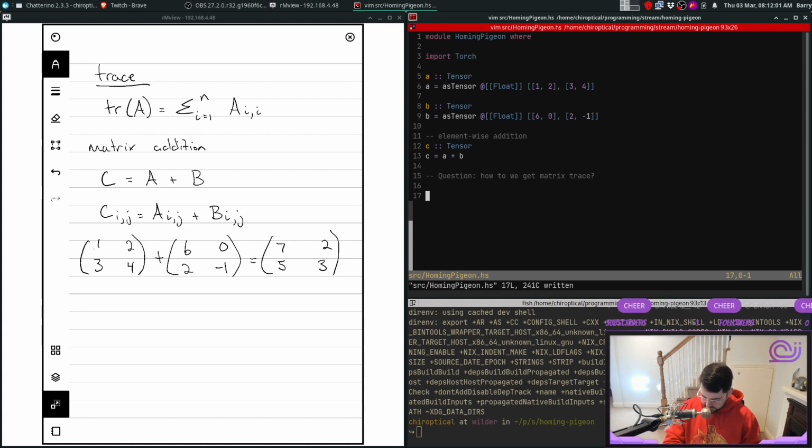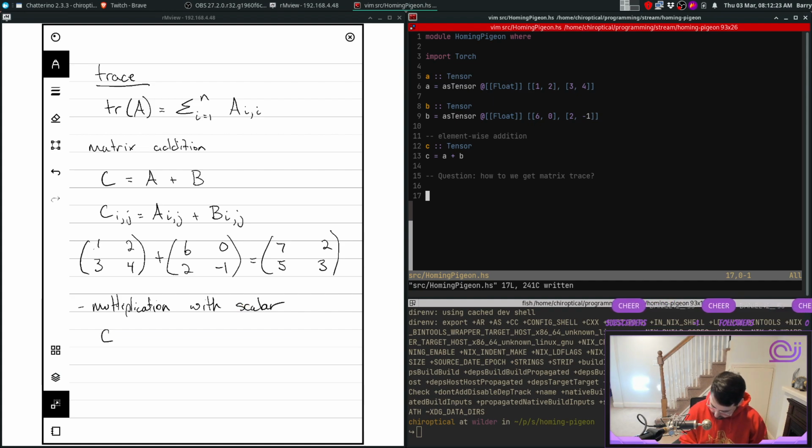Okay, so multiplication with a number, lambda. You'll like lambdas. I can move this down too. So multiplication with scalar, for example, C equals lambda A, which is just C_ij equals lambda A_ij.